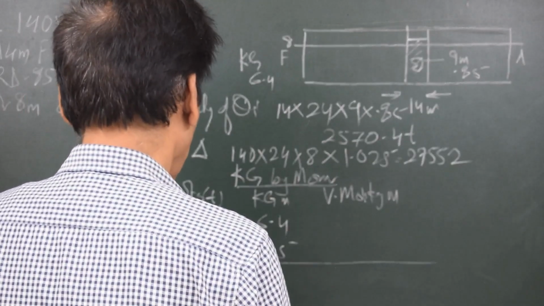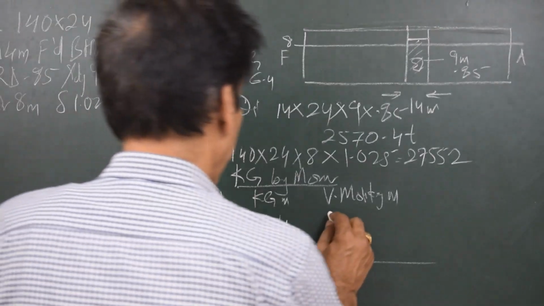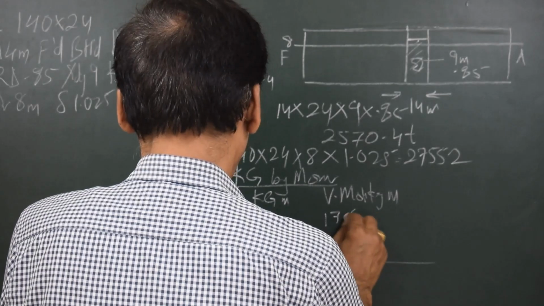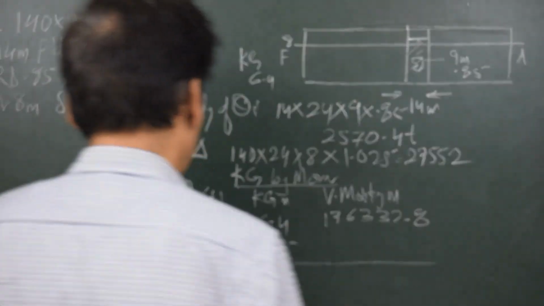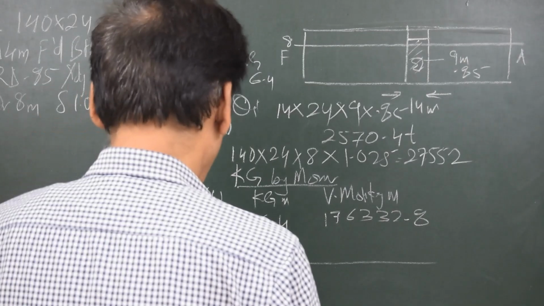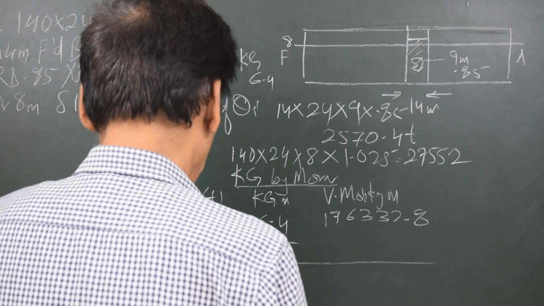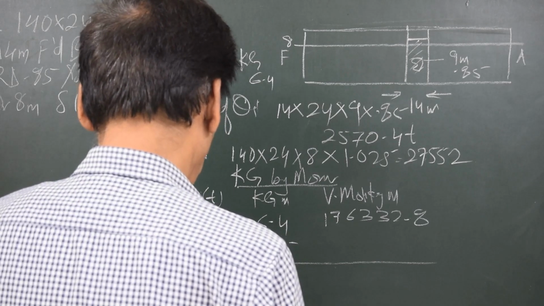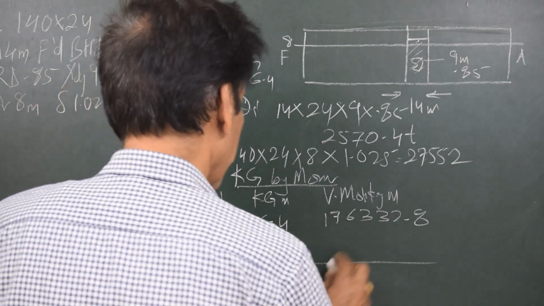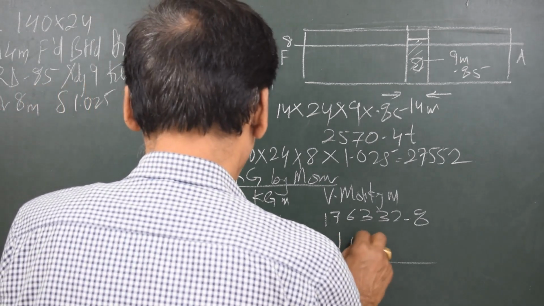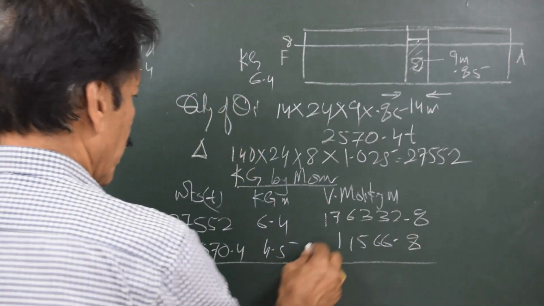So 27552 into 6.4 gives me 176332.8, and then 2570.4 into 4.5 gives me 11566.8. So this is removed.